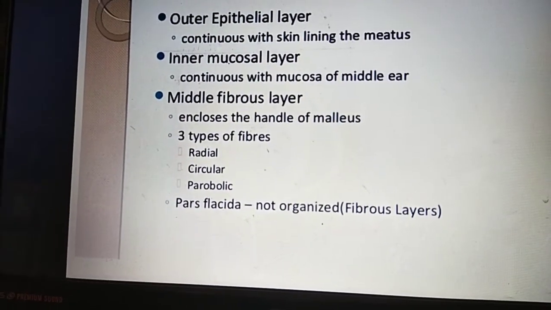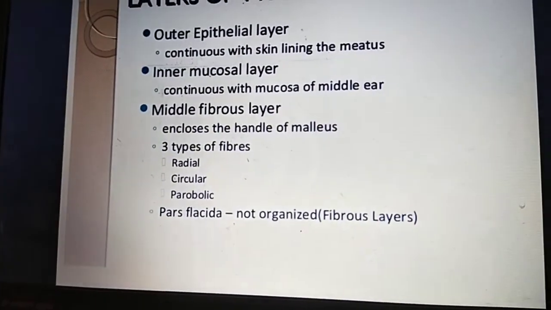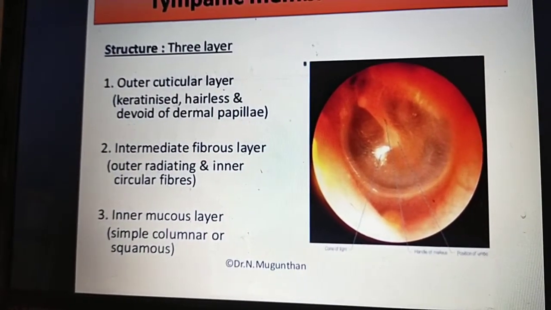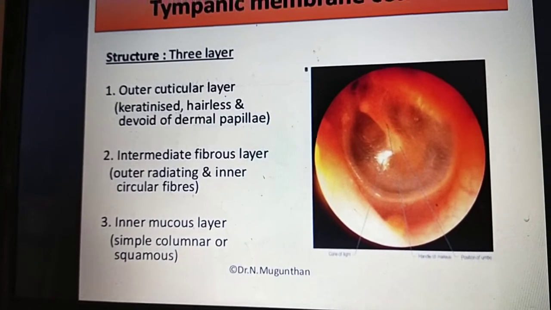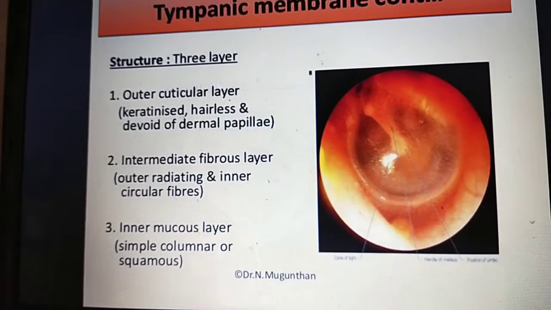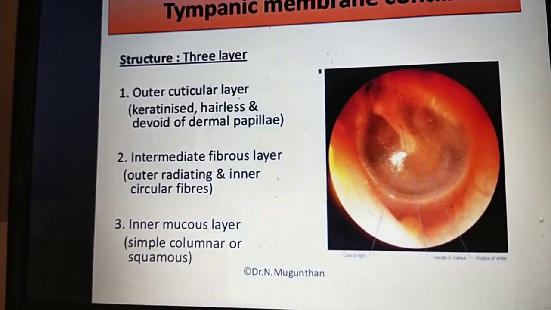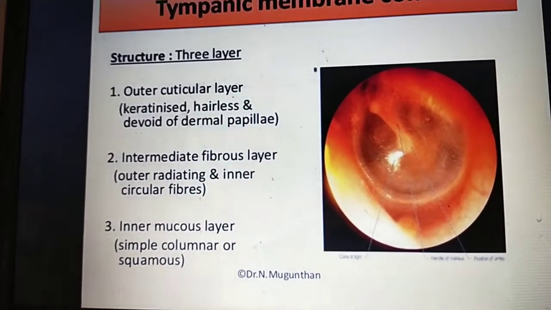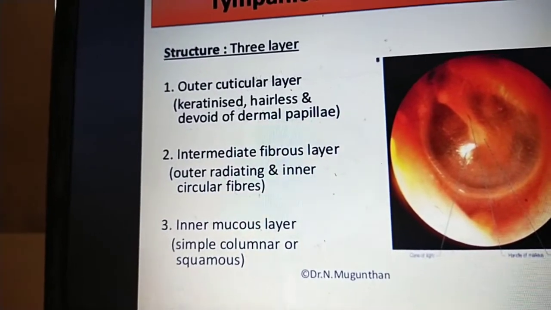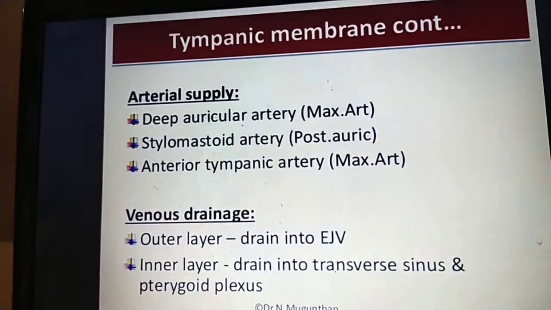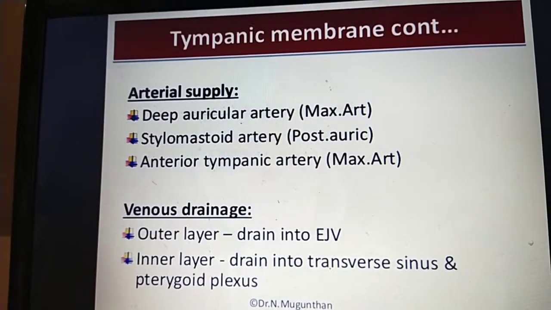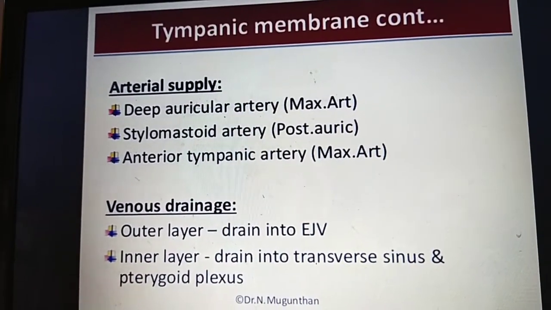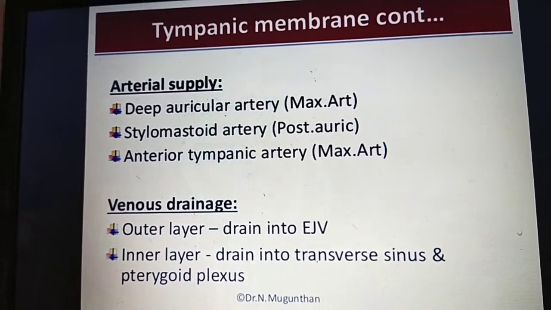The pars flaccida does not have an organized fibrous layer. The outer layer contains keratinized epithelium devoid of dermal papillae. The intermediate fibrous layer has outer radiating and inner circular fibers, and the inner mucosal layer is a simple columnar and squamous layer.